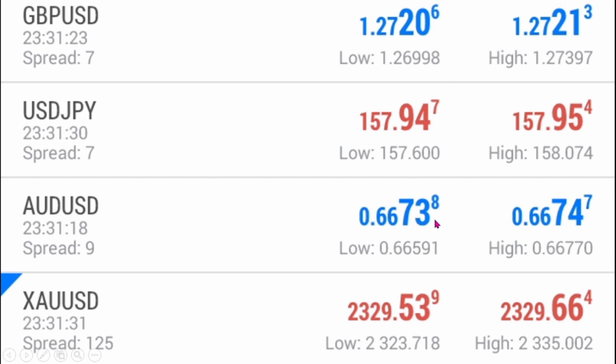So I'll quickly just subtract 3 pips from here. Then I'll have 0.6670. If I'll be making 7 pips in a bullish trade, I'll just add 7 pips to this price point if it is my point of entry. Then I'll have 0.6680.